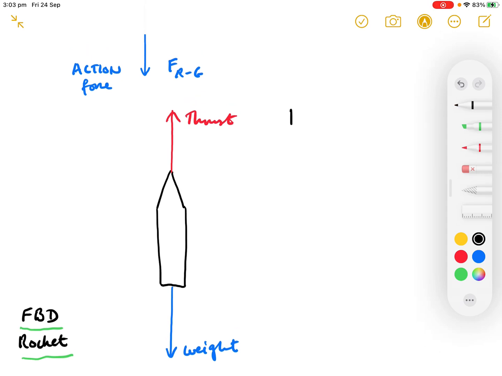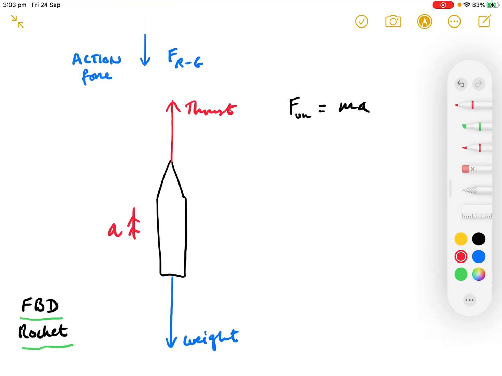And when we apply Newton's second law here, we get ma. So if we assume the rocket is accelerating up the way, then the unbalanced force is given by the thrust minus the weight mg. Okay, and that of course equals ma.